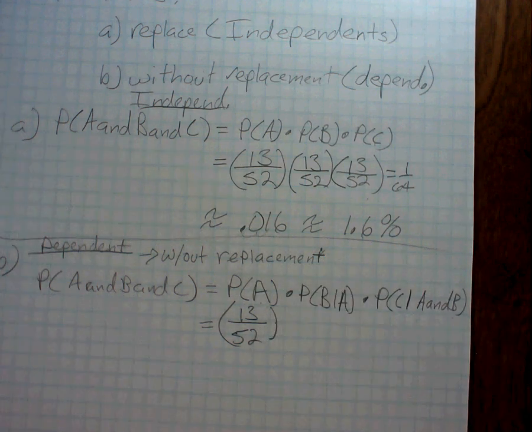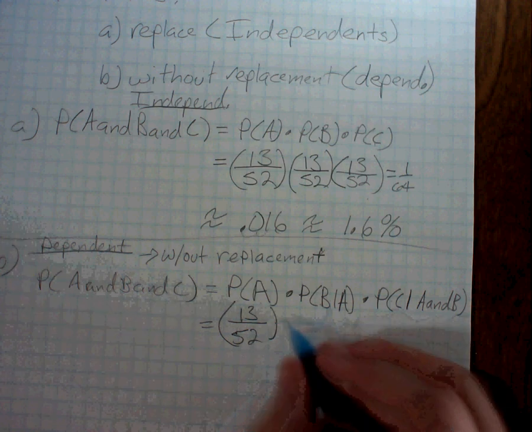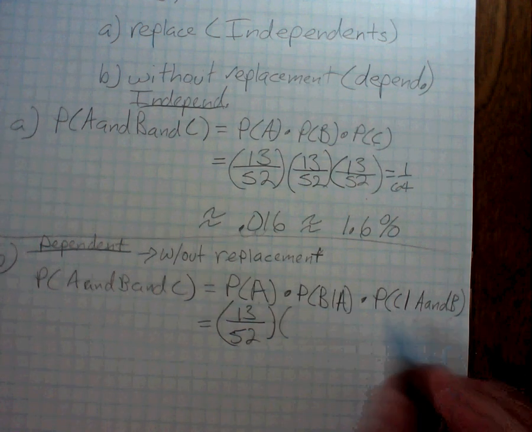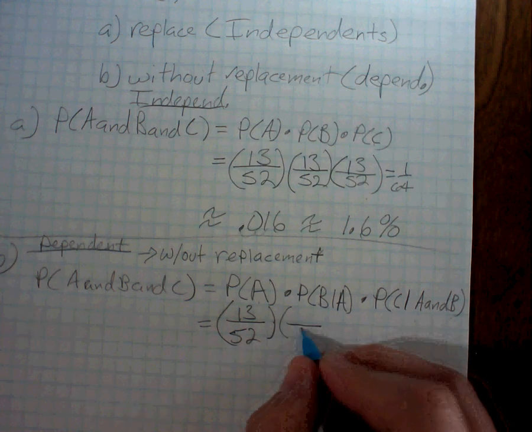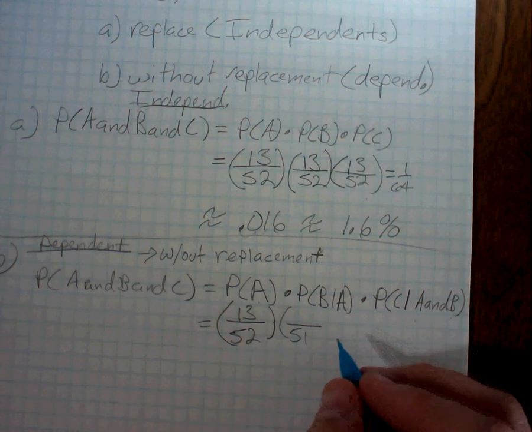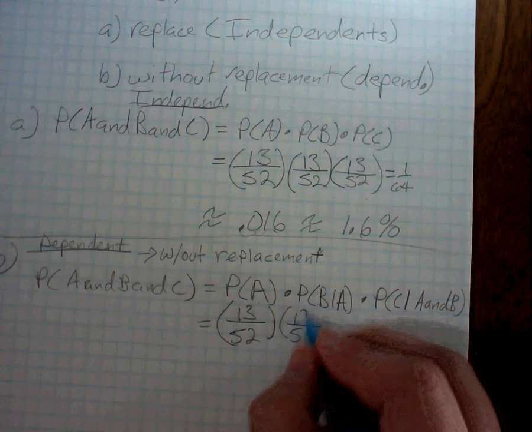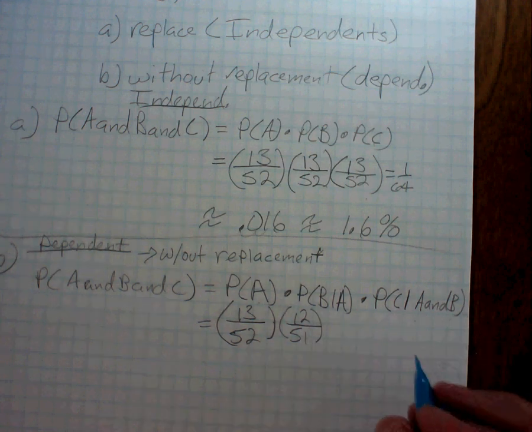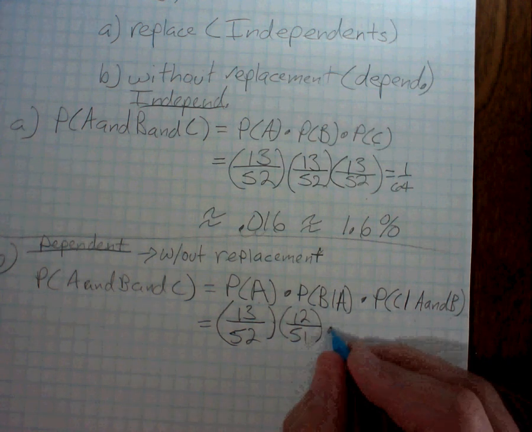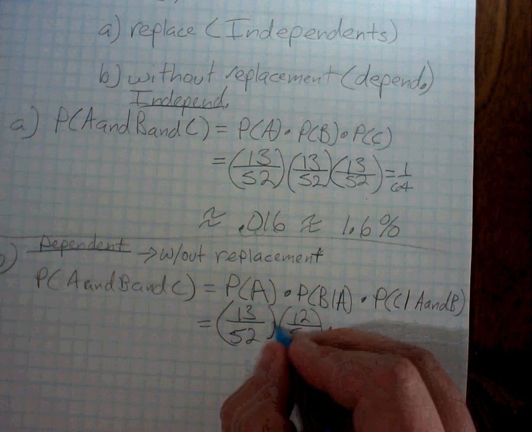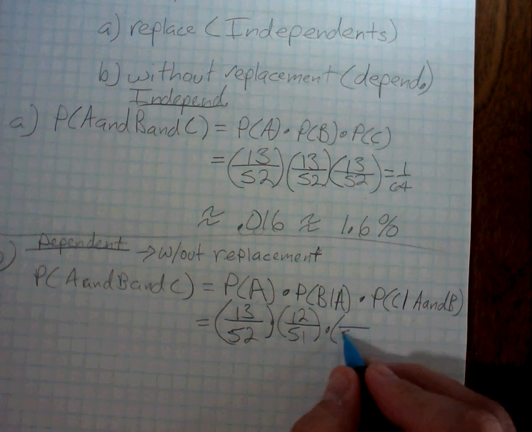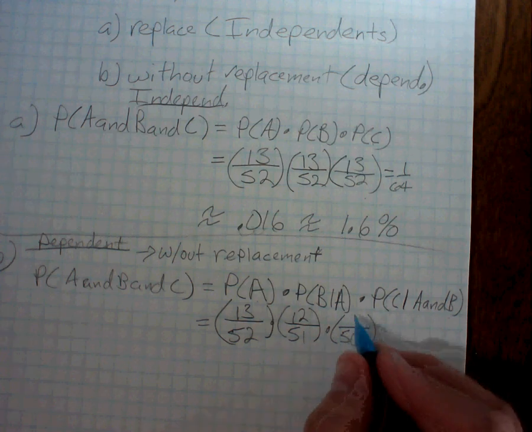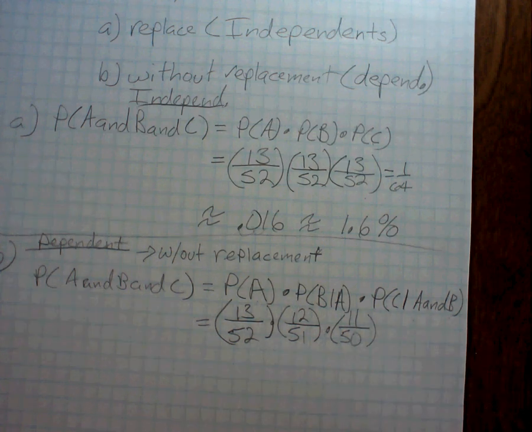Okay. So now, on the next scenario, what's the probability of me pulling out a heart? Well, there are only 51 cards left in the deck, and only 12 hearts, because I pulled one out and I didn't put it back in the deck. Then, in the next scenario, what are the odds of me pulling out a third heart? Well, now there are only 50 cards in the deck, and only 11 of them are hearts.